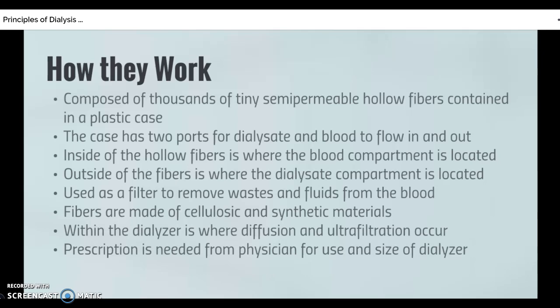It's used as a filter to remove waste and fluid from the blood. Fibers are made of cellulosic and synthetic materials. Within the dialyzer is where diffusion and ultrafiltration occur. And of course, a prescription is needed for the size of the dialyzer and how fast the blood will flow, as well as everything else pretty much.